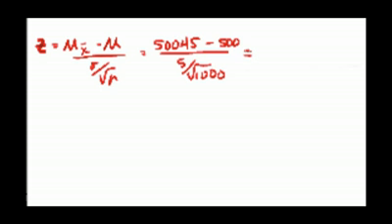When you do that, you get 0.45 divided by parentheses 5 divided by square root of 1,000. You get 2.84.